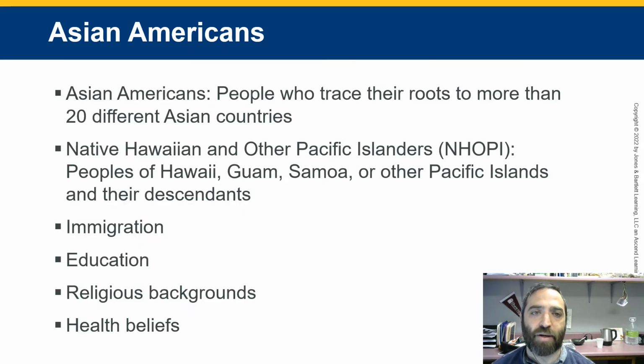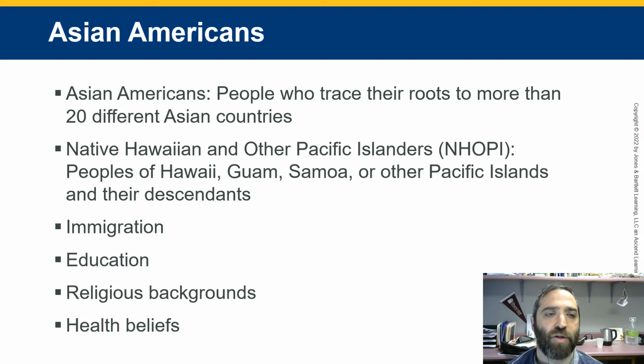Let's look at Asian Americans as a group. This is a racial group that we're talking about, although we're going to be talking about some of the specific ethnicities here. So Asian Americans are people who trace their roots to more than 20 different Asian countries.